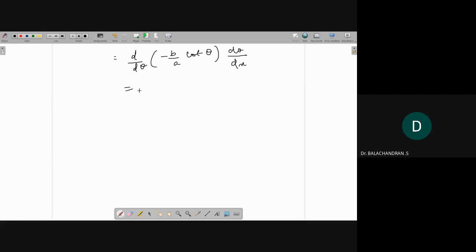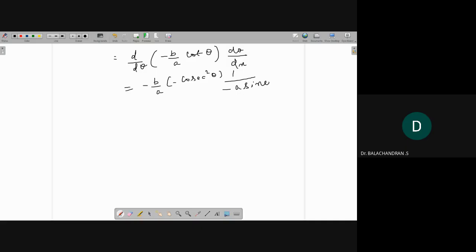If you differentiate the cot theta, you will get minus cosecant square theta, taking the constant minus b by a out. And d theta by dx is the reciprocal of dx by d theta, that is 1 by minus a sin theta.